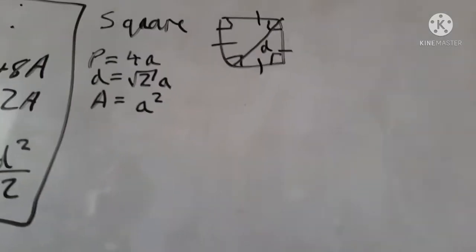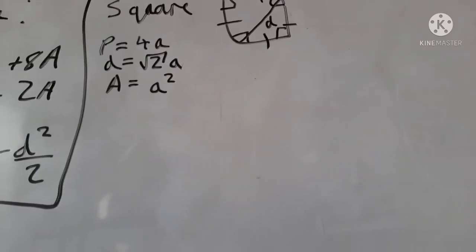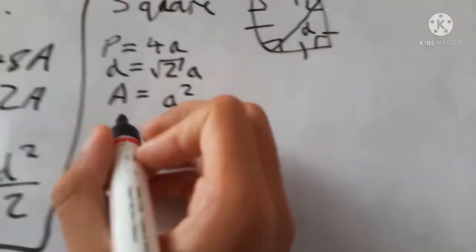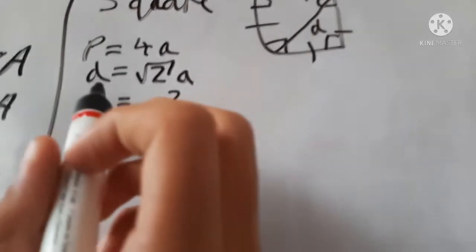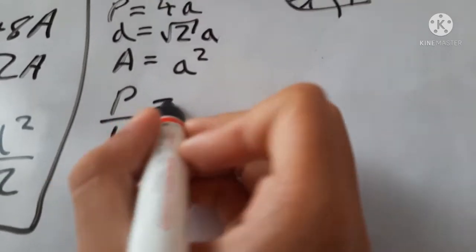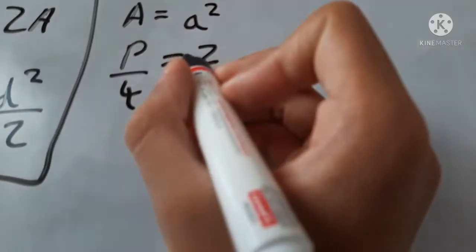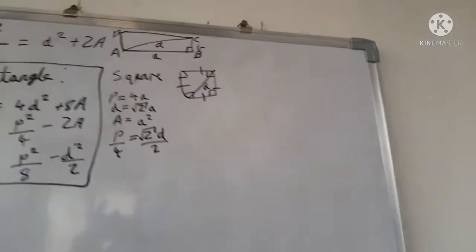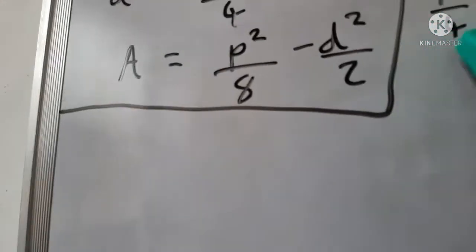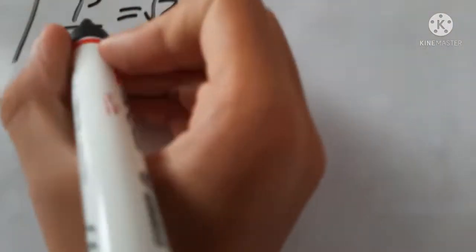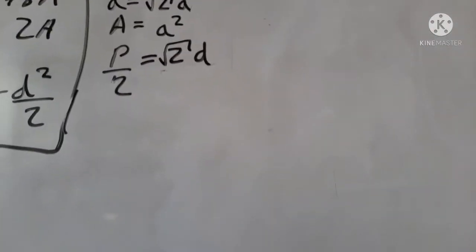Well, a is p over 4 and a is d over root 2. So p over 4 is equal to root 2 d over 2, which I rationalized in my head. Doing some cancellations, p over 2 is root 2 d. That's good enough.